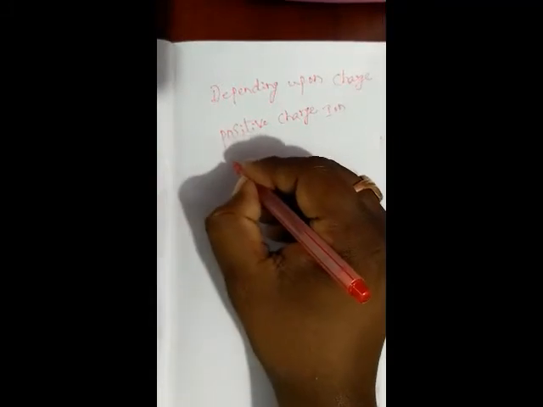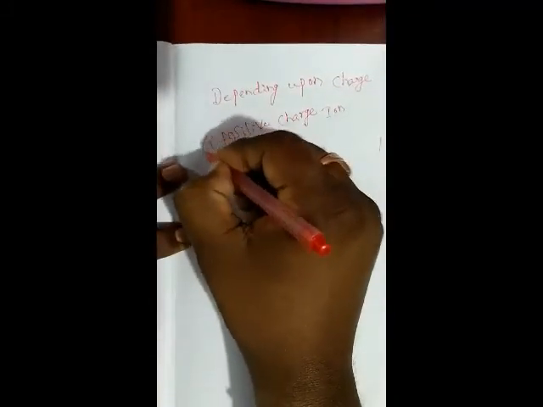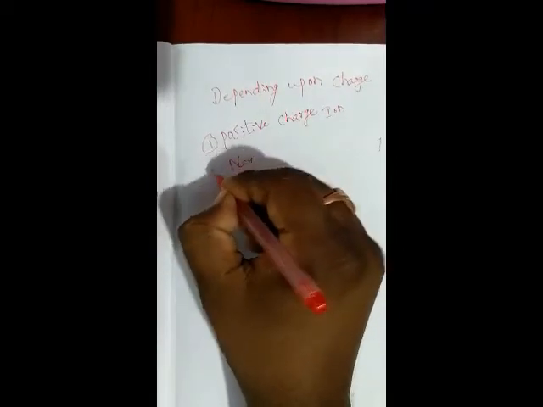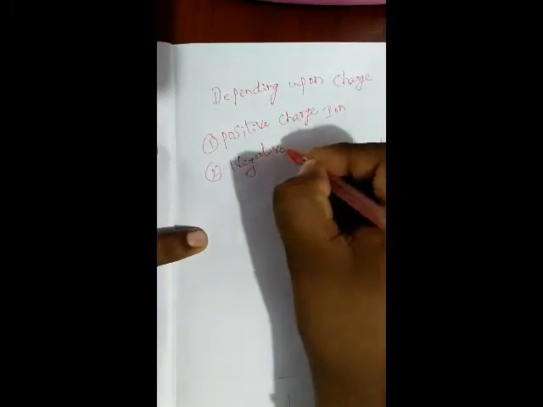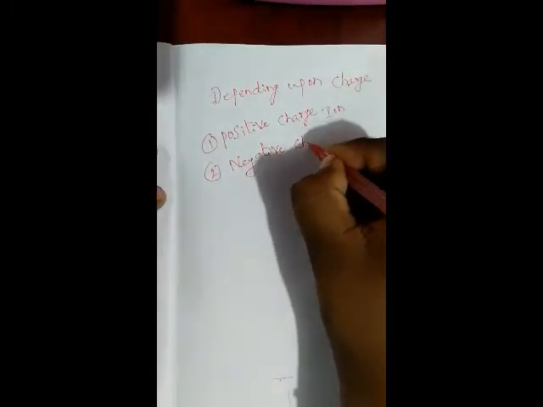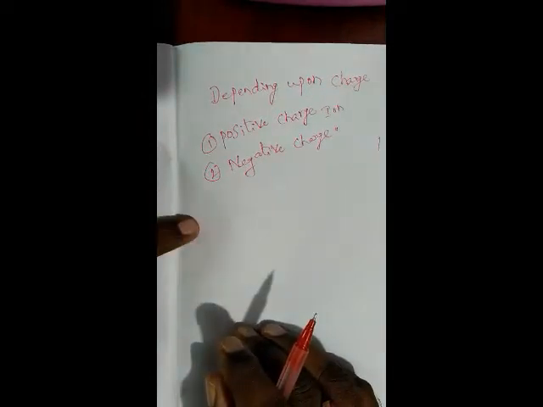The second one is negative charge ion or negative charge radical.